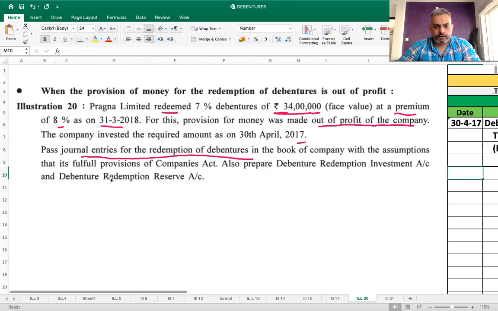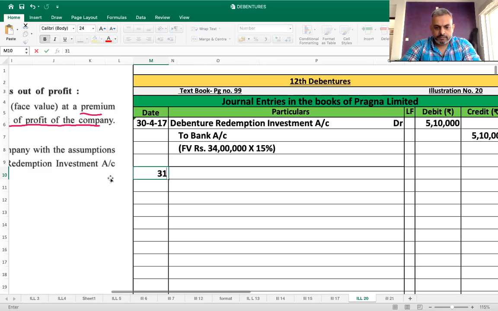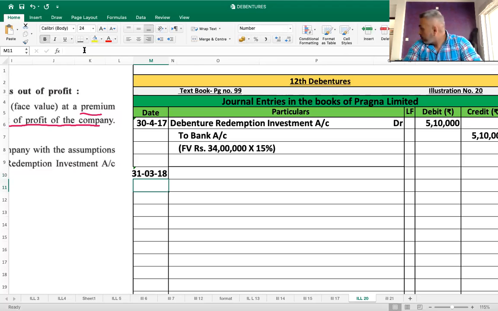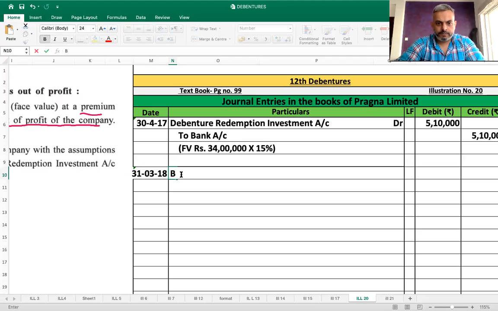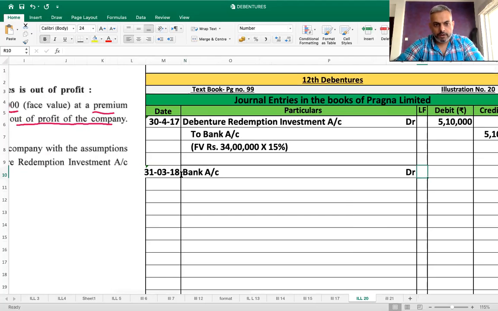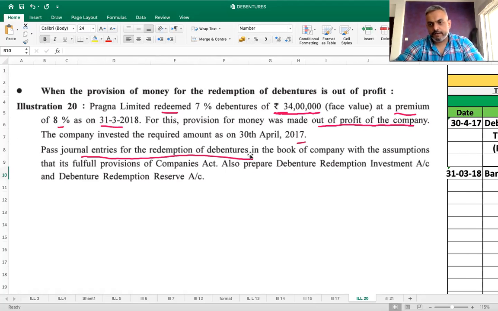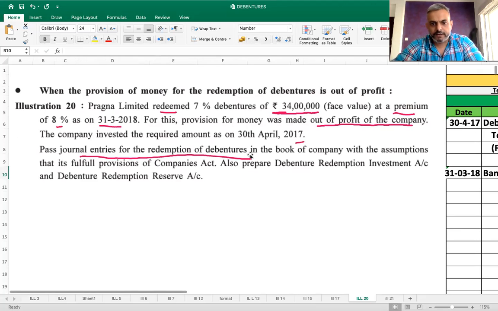Now next we go for 31/3/2018, 31st March 2018. We sell the investments. So bank account, debit. Now over here in the question, we have invested, but where we have invested and what the rate of interest is, it is not given.